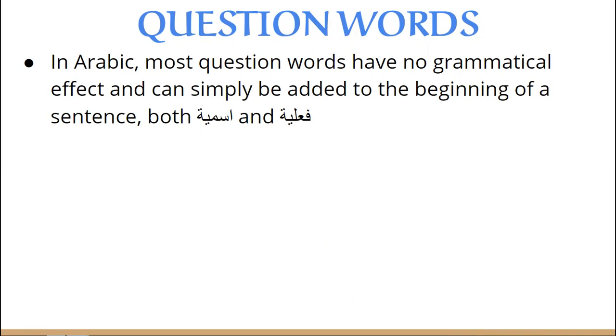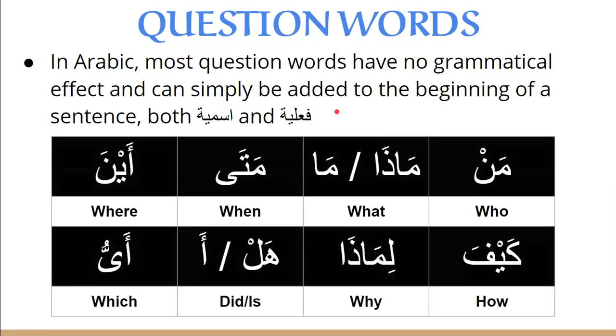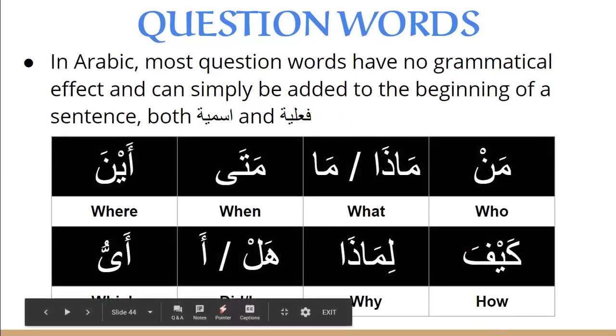They just come and sit before a sentence and make it a question. They are not going to change anything in the sentence. Nothing will be changed, it will just become a question. What are those words? Let's see.